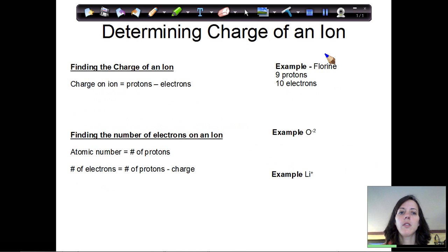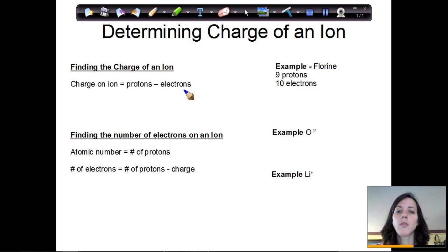Lastly, we are going to figure out how to find the charge of an ion. As I mentioned earlier, an ion is an atom that has a charge associated with it. We don't say charged atoms, usually we just call them ions. And it has a charge because it has either gained or lost electrons. So to find the charge on an ion, it's simply protons minus electrons.